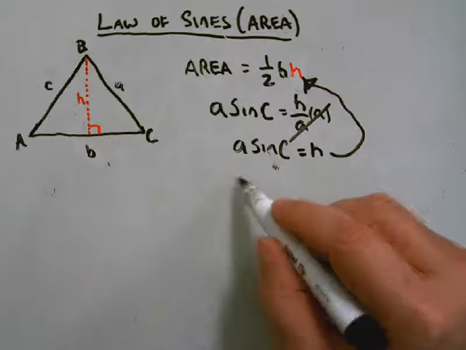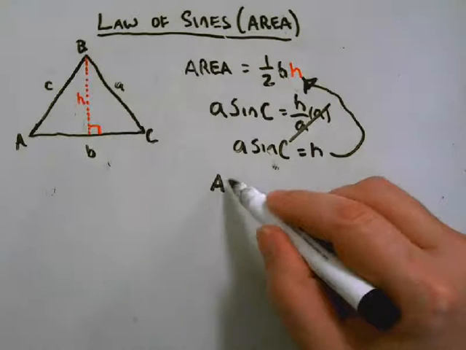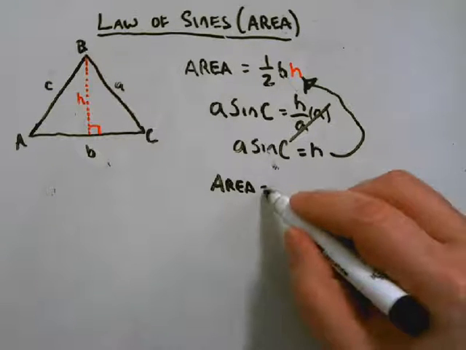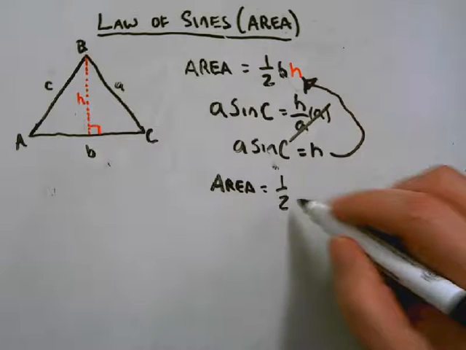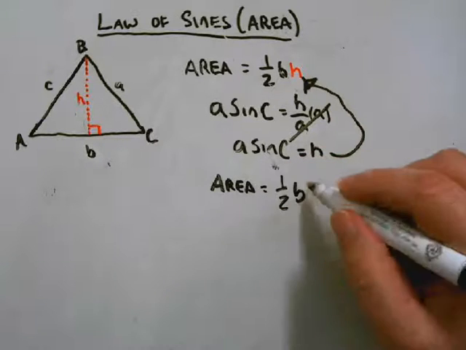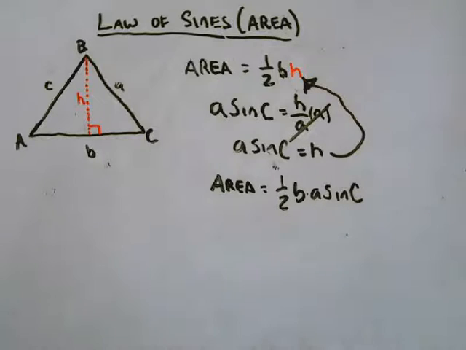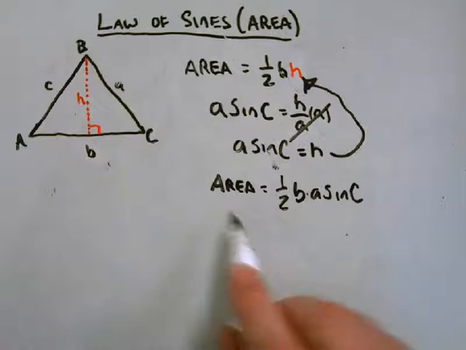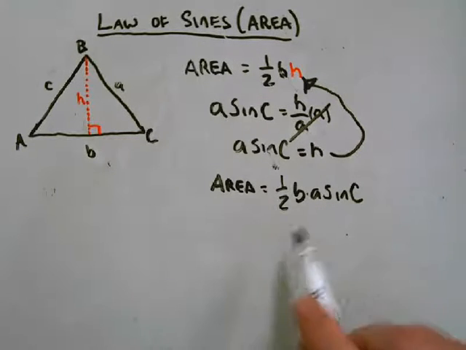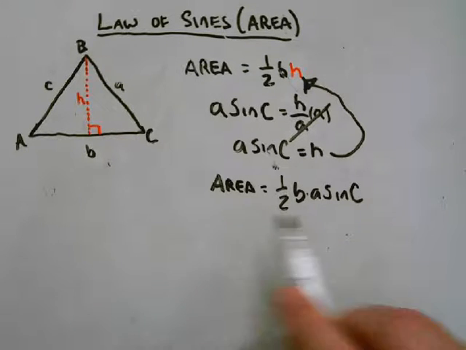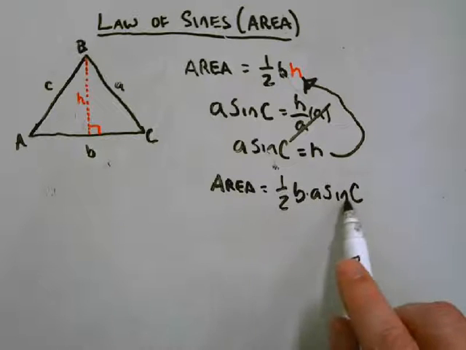So now, area is equal to 1/2 b times a sine C. And so we can use this formula in order to work that out.